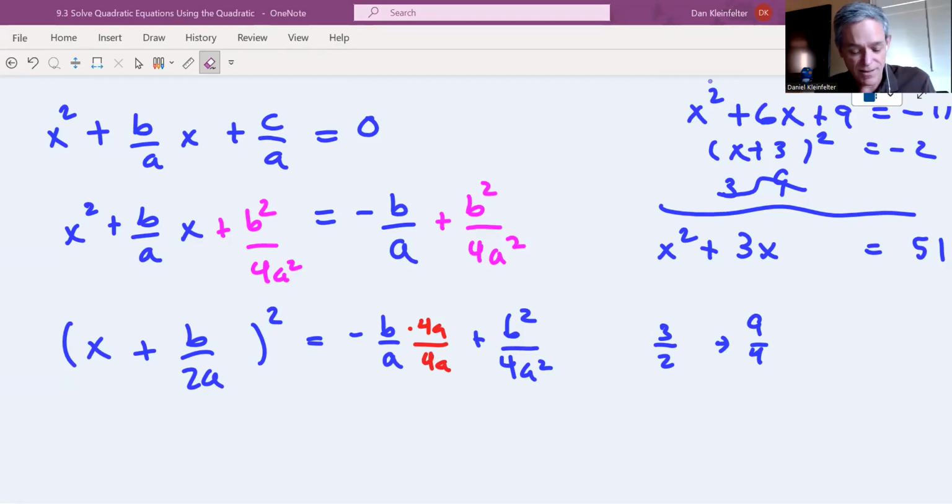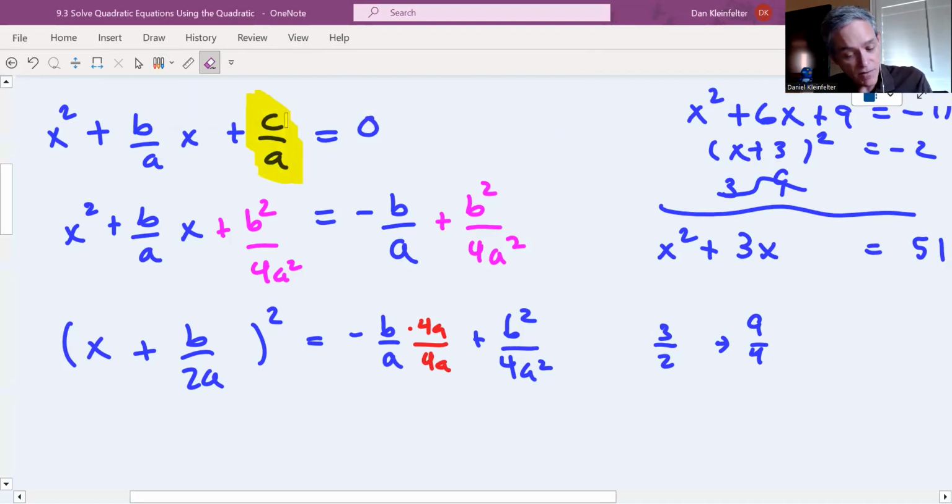You probably already saw that. Let's show where that is. When I had c over a here, when I copied it over to the other side, somehow I turned that into b over a. And so I need to go back and fix that. On the right side here where it says b over a, I'm going to need to change that into c over a.